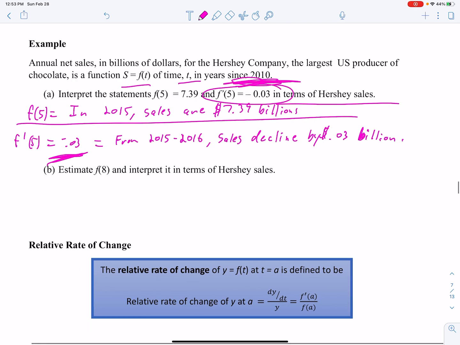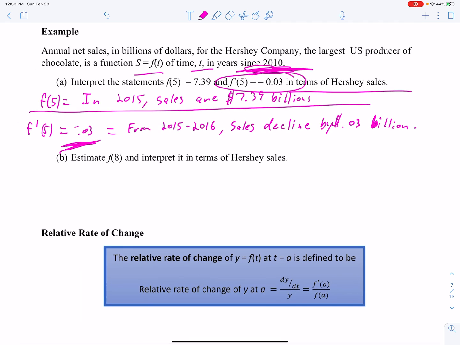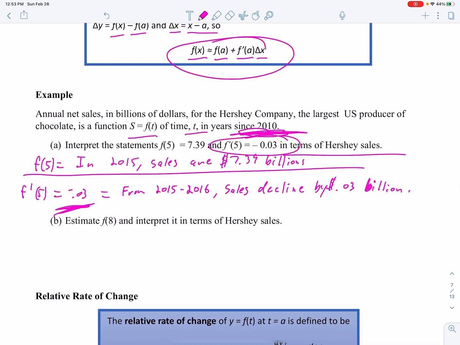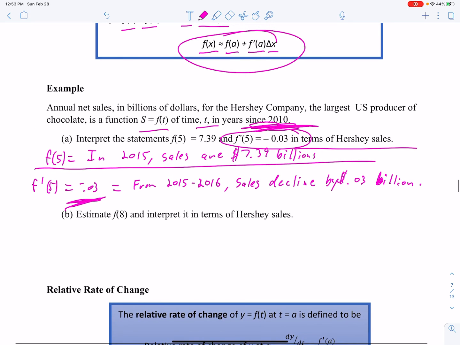All right, part B, estimate f of 8 and interpret it in terms of Hershey sales. We're going to use the formula we have above. We're estimating f of 8, so we use the same derivative as f of 5, f prime of 5.